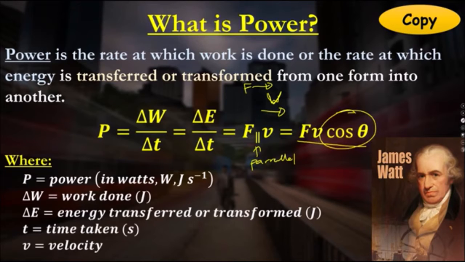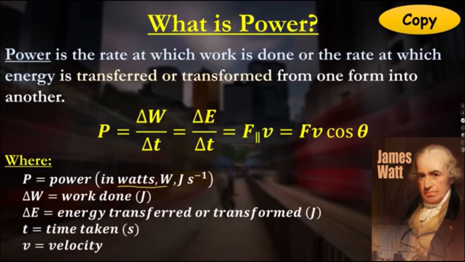And so that's where the cos theta comes in. Okay? Power is given in watts, also joules per second. Work done in joules, energy in joules, time in seconds, velocity in meters per second. Remember, this is the same thing as saying m s^-1.